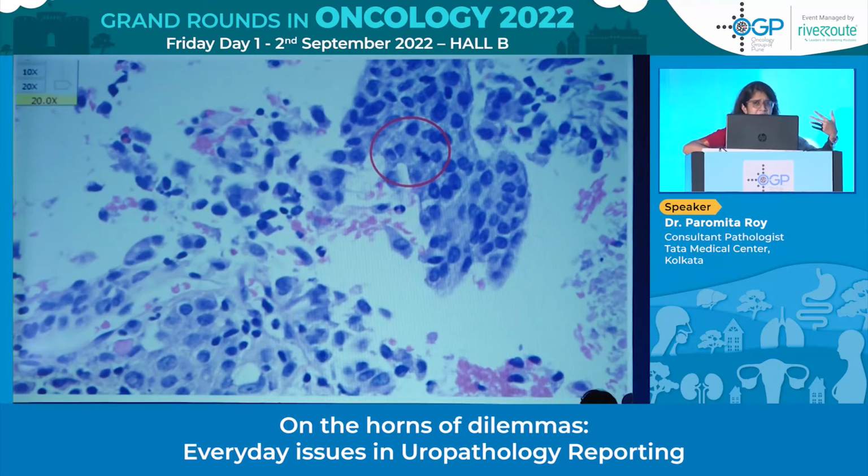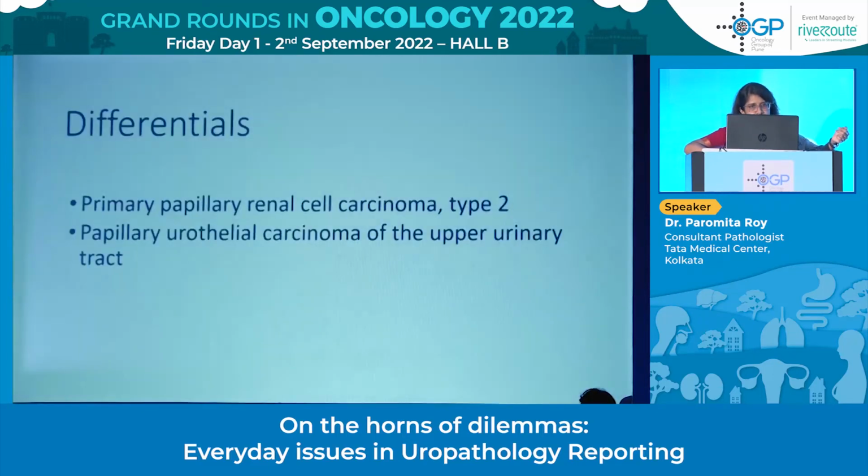So at the outset, kidney tumor classification is changing every day, and as Jay showed, it is all molecularly based, almost getting very difficult to categorize kidney specimens and be abreast with all the subtypes there are, and most of us need access to a very high-end molecular lab to make those diagnoses. But at the outset, we should at least be able to say clear cell or not clear cell, and this was a non-clear cell papillary kind of RCC.